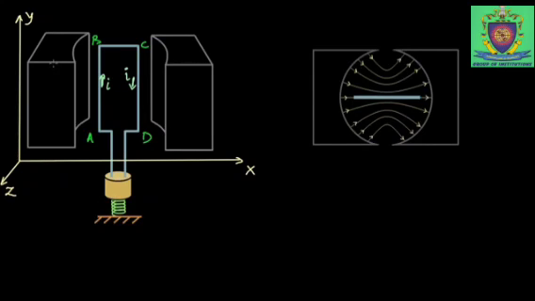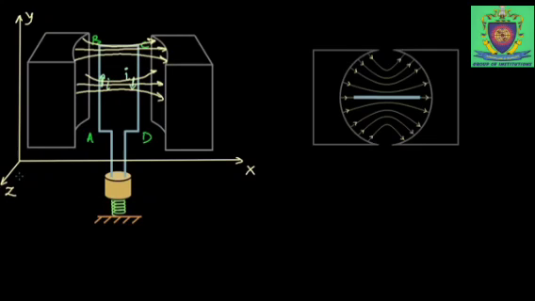When I am seeing from the top view, how will the magnetic field be? Let us write the magnetic field here. From the top view, it will be like this, right? It is like this, where you can see in the diagram. And down, it is like this. Like this your magnetic field is distributed.